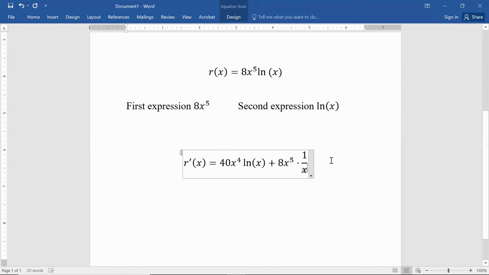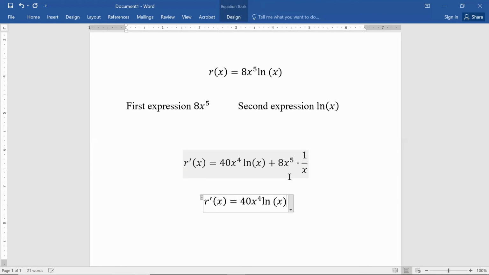This one I do tend to clean up. Things like this, I do tend to multiply that x to the fifth times 1 over x and get x to the fourth. But I don't factor out. So I take 40x to the fourth times the natural log of x plus 8x to the fourth.